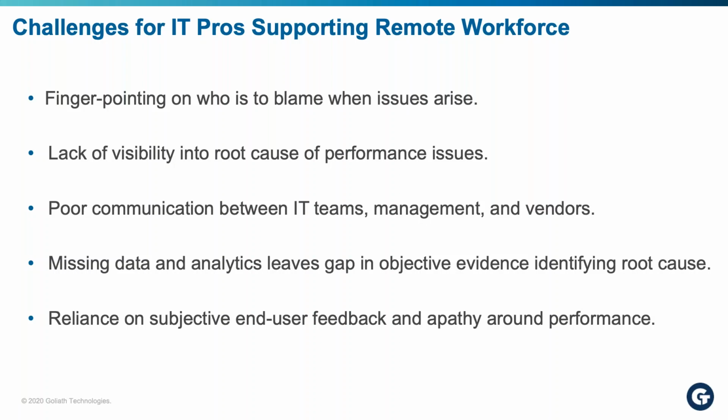When you don't have visibility into what's occurring, it makes it really hard to isolate root causes of performance issues. It leads to poor communication across not only your teams that may be managing Citrix or VMware Horizon, but with your counterparts, like the network team, the storage team, with management, with your application vendors, with end users themselves.